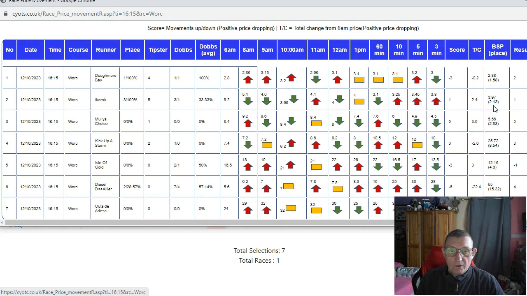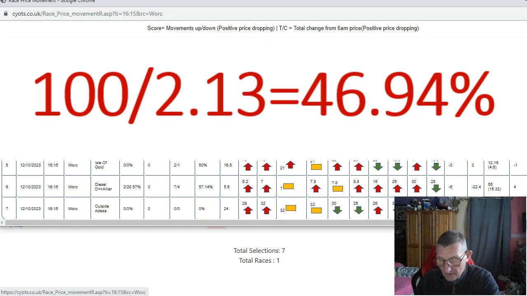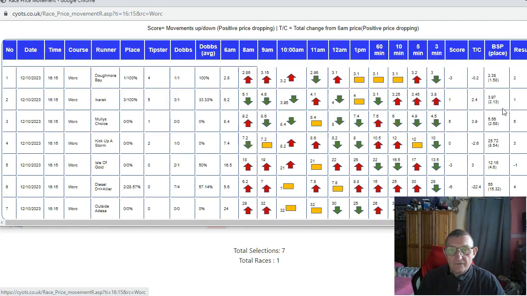At 2.13, if we go 100 divided by 2.13, we get a 46% chance of winning, but we know that it actually wins 100% of the time. So that would have probably been a better value bet in some cases, and it came first.